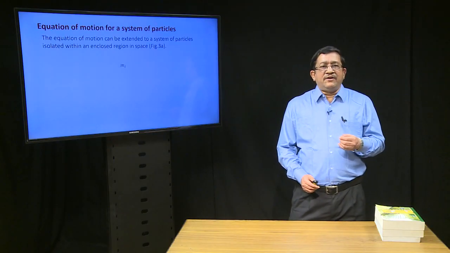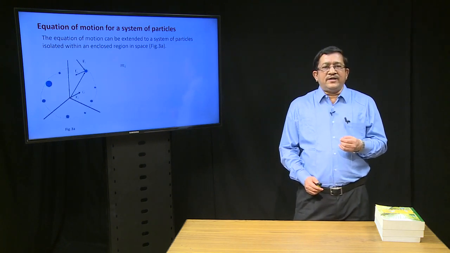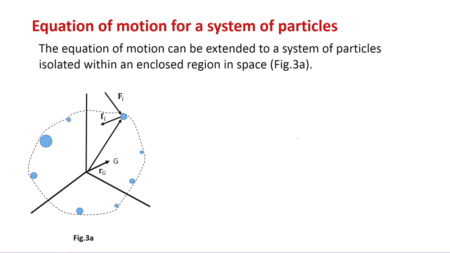Okay. So, now here is the equation of motion for a system of particles. Let us consider several masses. It can be extended to a system of particles isolated within an enclosed region in space. Here each particle experiences two forces, capital Fi and small fi.